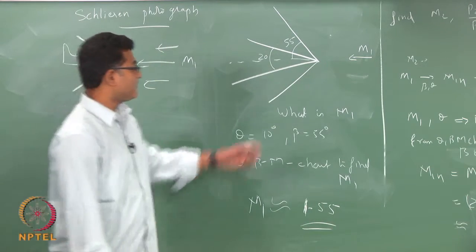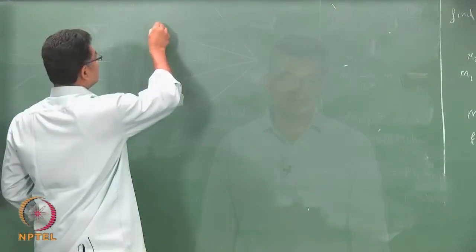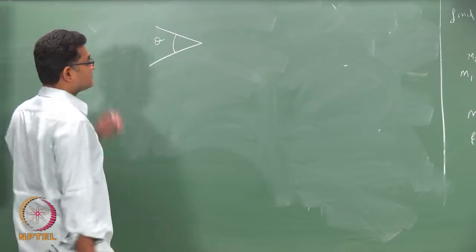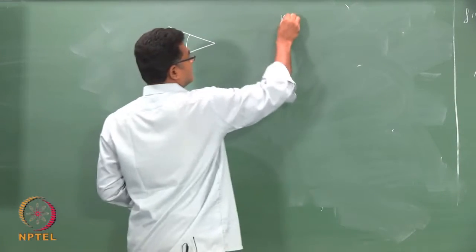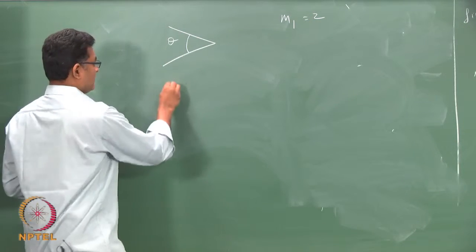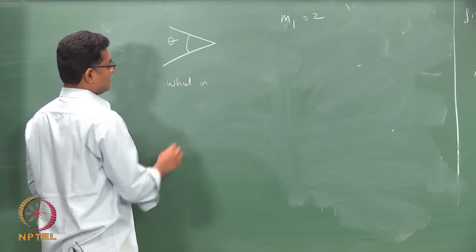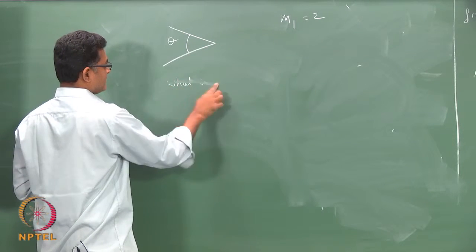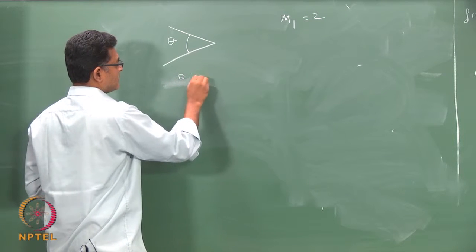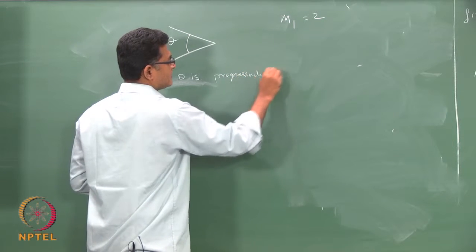Okay. So, if the Mach number is not known, you can get it from this angle. So, I have a wedge of some theta, M1 is 2. Okay. So I keep increasing my theta, theta is progressively increased.